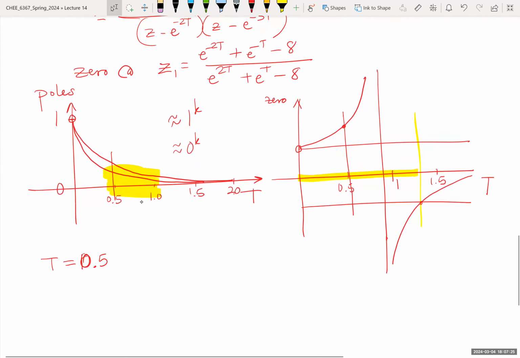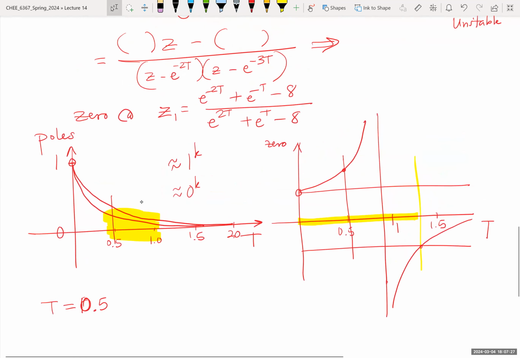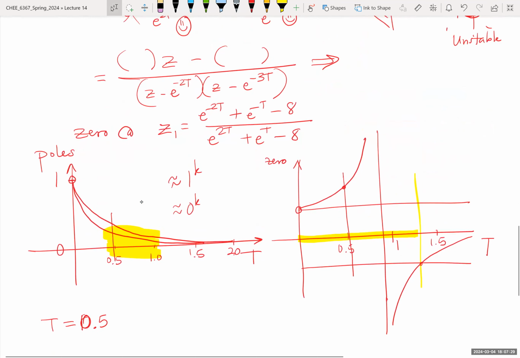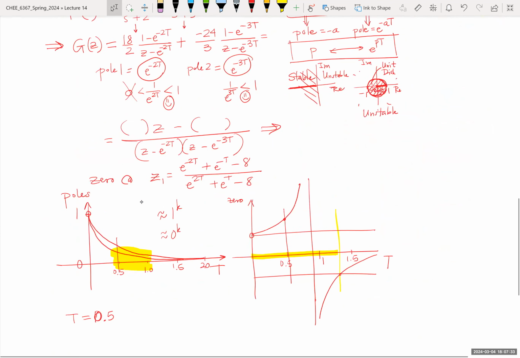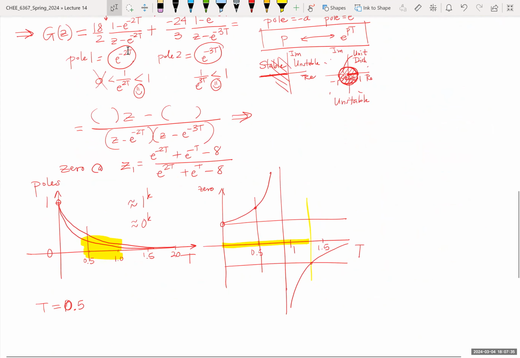So if I try to design my controller based on this sampling period, my transfer function in discrete time, help me with this, it's this one here. So it's going to be 18/2, so G of z. What am I going to do now? Let's first of all make a plan.